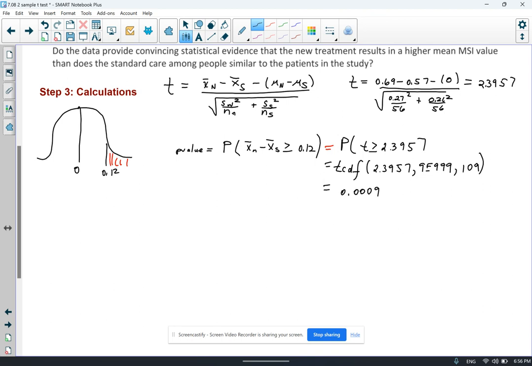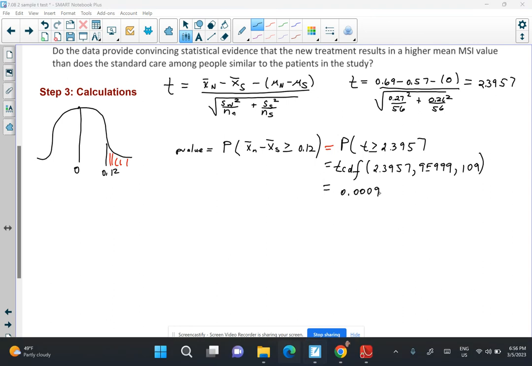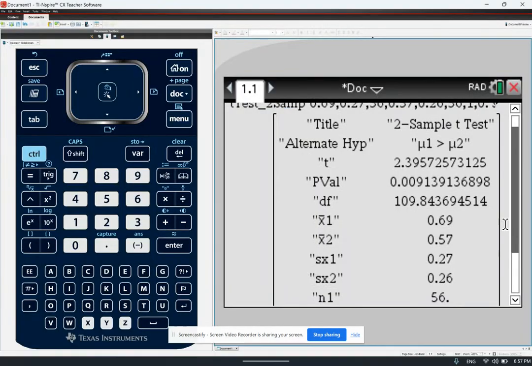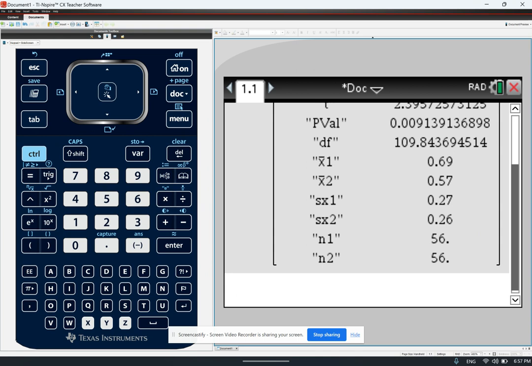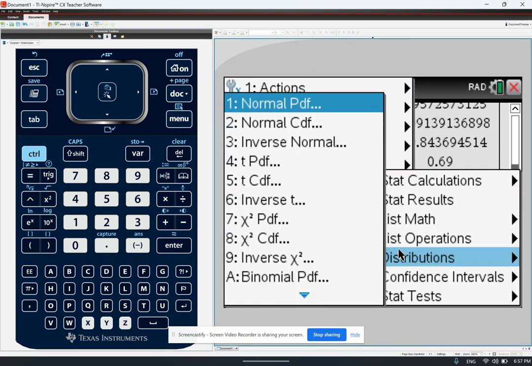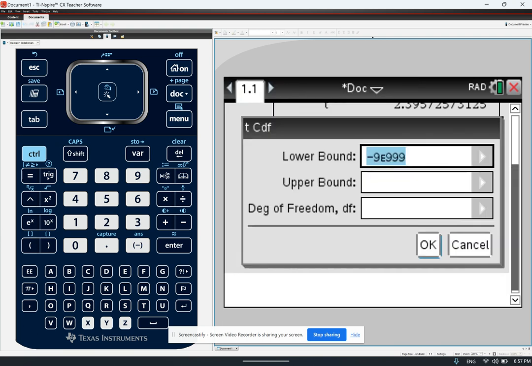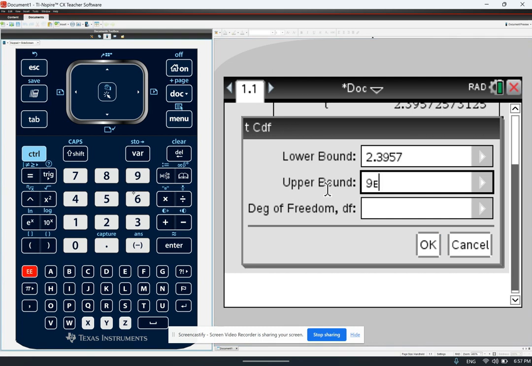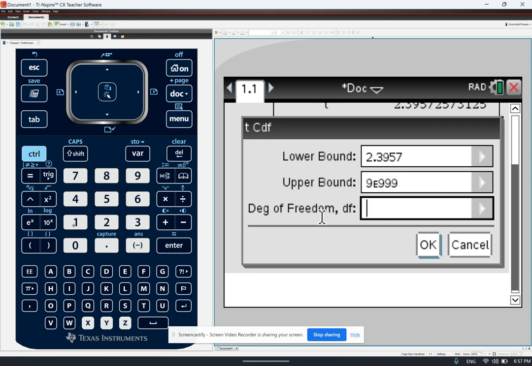0.0009. So let's just double check so you can see how this works in case you have to do it by hand, and there are times you do. So you would do menu, statistics, distributions, tcdf. You would enter the t-statistic of 2.3957, 9E999, and the degrees of freedom, which we said was 109.